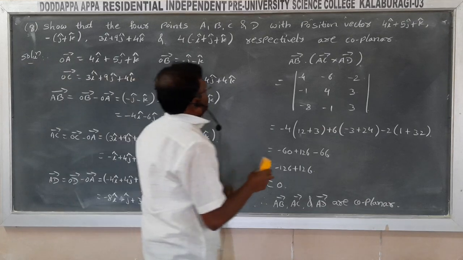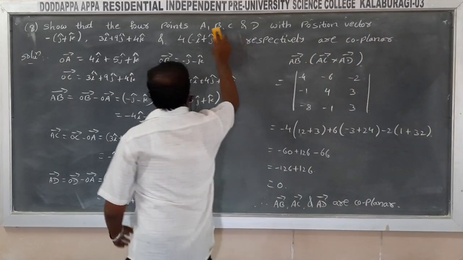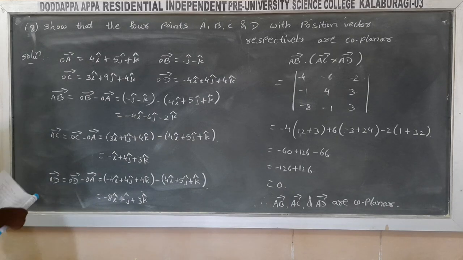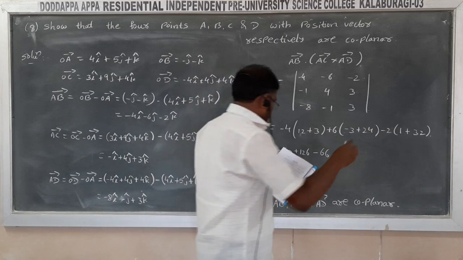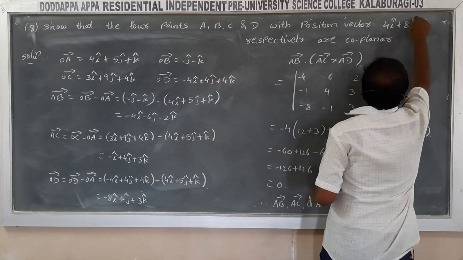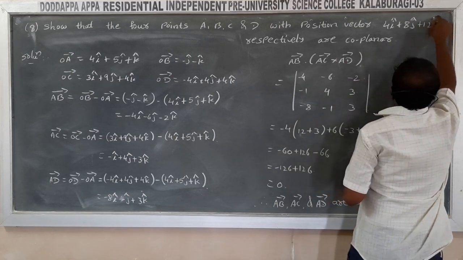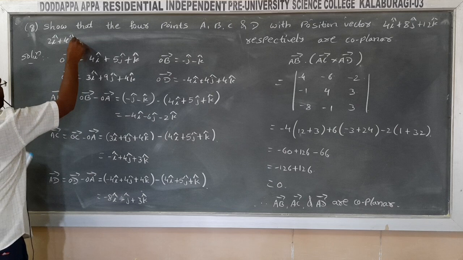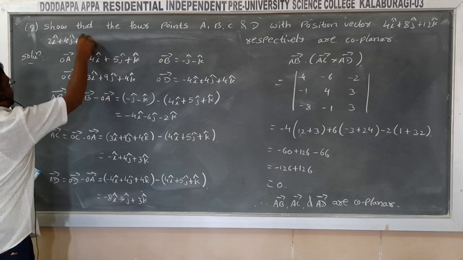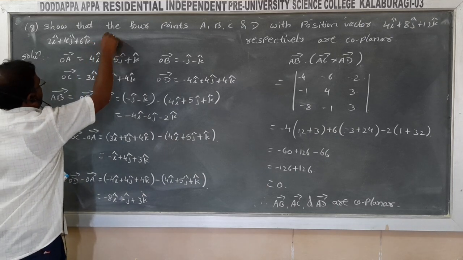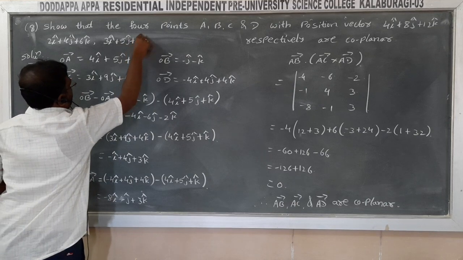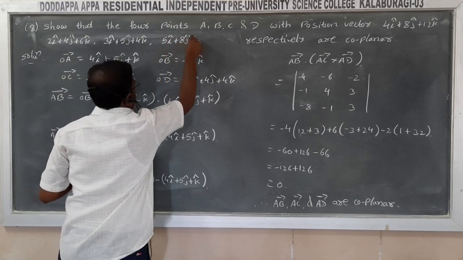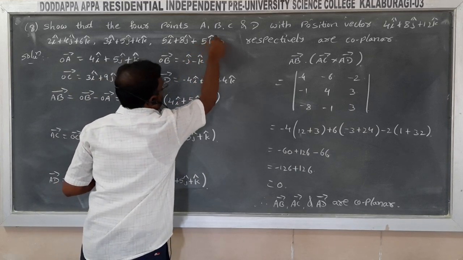Show that the 4 points A, B, C, D with position vectors 4i plus 8j plus 12k, 2i plus 4j plus 6k, 3i plus 5j plus 4k, and 5i plus 8j plus 5k are coplanar.